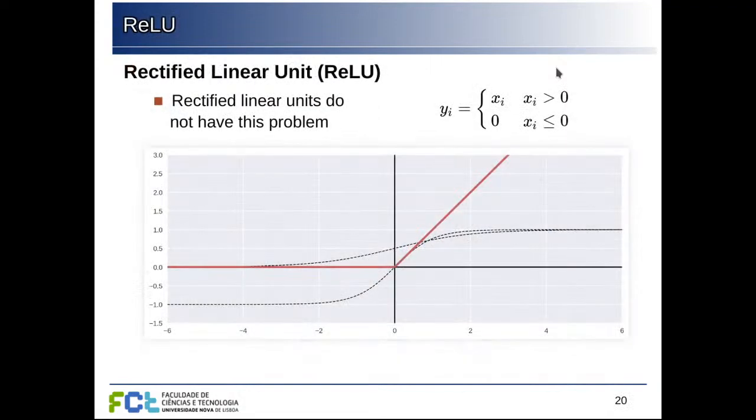So you can see here in the function that in this region the rectified linear unit always outputs a 0, and so the derivative is 0. This is a constant value here.